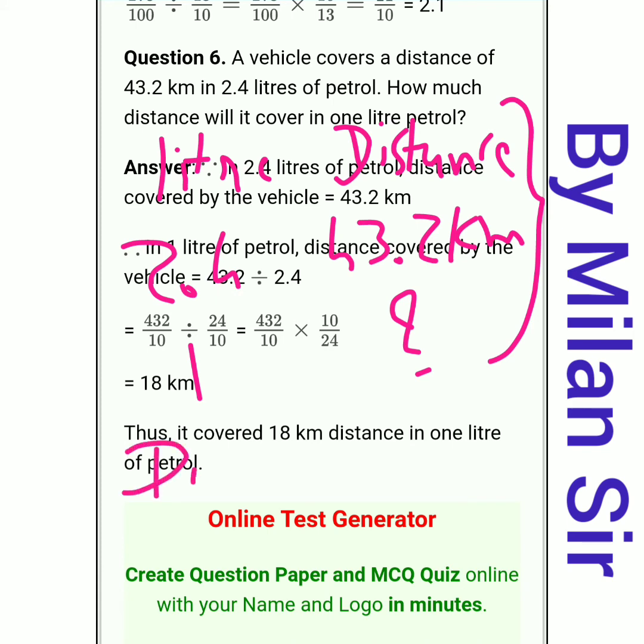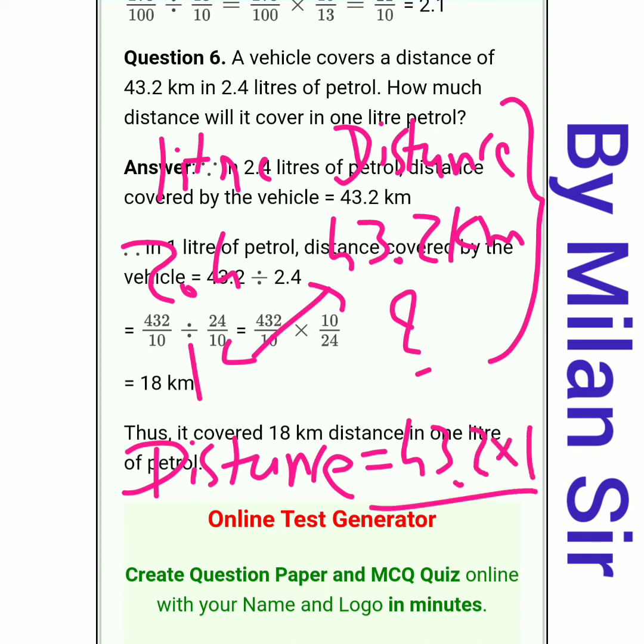So the distance covered by the vehicle in 1 liter of petrol is equal to, how can we solve this? We need to multiply these two numbers and divide by our first number. First of all, we multiply these two numbers, that means 43.2 multiply 1, divided by our first number 2.4.